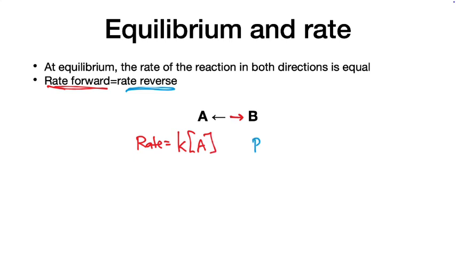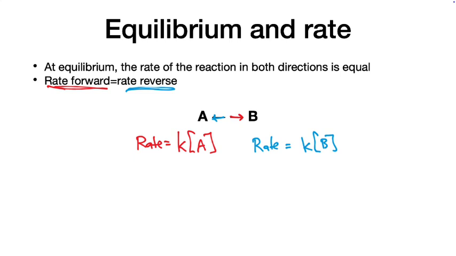What does the rate reverse look like? The rate constant, lowercase k, I'm trying to do a better job about showing those k's now as lowercase versus capital, times, what's the reactant for the reverse reaction? B. If we're at equilibrium, what does that mean?